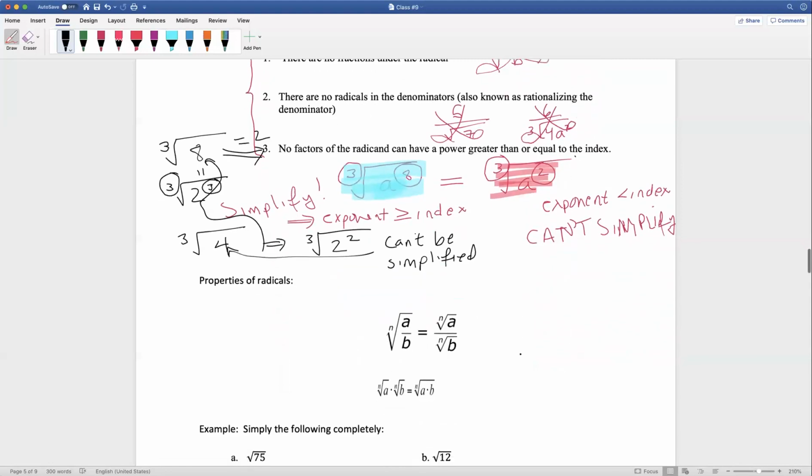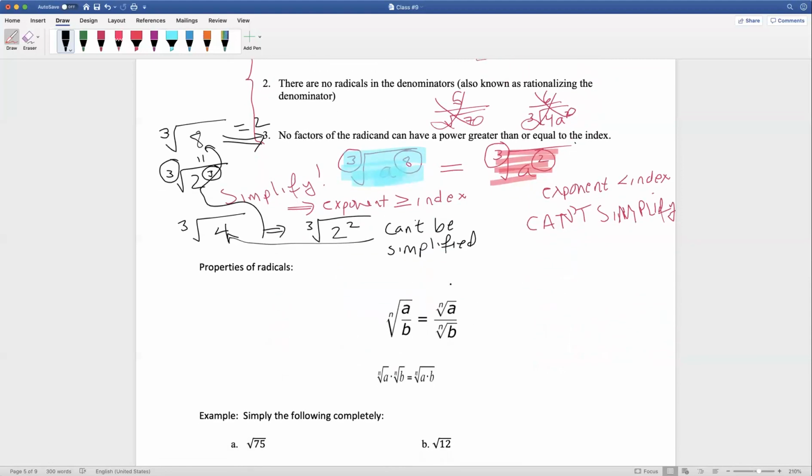Okay, so we talked about this property before, which is the nth root of a over b is equal to the nth root of a divided by the nth root of b. Oh no, sorry, I think we talked about this property here, that we can break up products. We looked at it more in this way, that assuming they're all under the same index, if you have a product, you can rewrite those products and break them up by each factor.